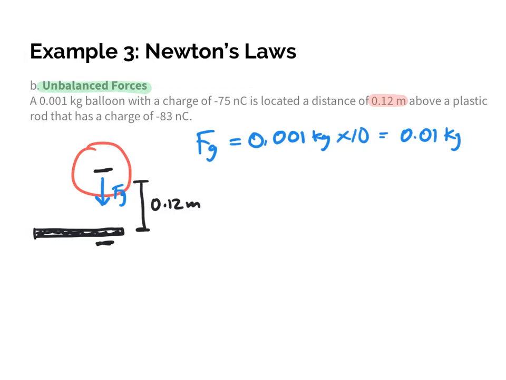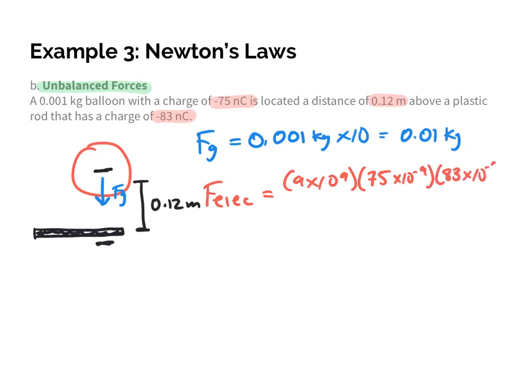And again, I'm given all the variables. I'm given the two charges of negative 75 and negative 83 nanocoulombs, and a distance between them. So I can find that electrostatic force using the Coulomb's law equation. It would be 9 times 10 to the ninth, which is again that constant value, times the two charges: 75 nanocoulombs, so times 10 to the negative ninth, and 83 nanocoulombs, which is also 10 to the negative ninth.